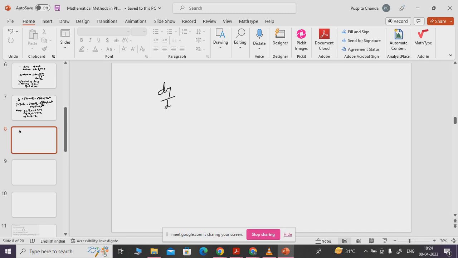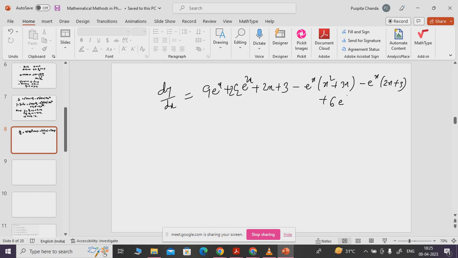To obtain dy/dx, which will be c1 e^x + c2 e^(2x) + 2x + 3, here it will be 2 − e^x (x² + 3x) − e^x (2x + 3) + 6e^(3x).